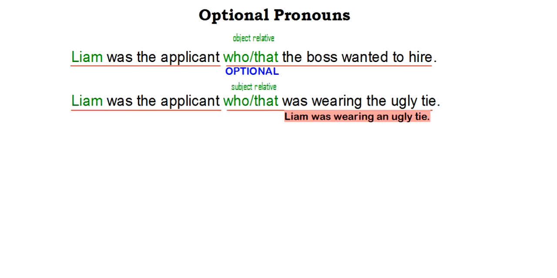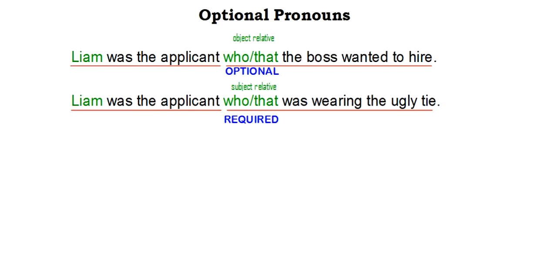So it is subject relative. Subject relative pronouns are required. See what happens when you try to remove this. It makes absolutely no sense. We need to have this pronoun in order for the sentence to work. So when it is object relative, it's optional. Subject relative, it's required.